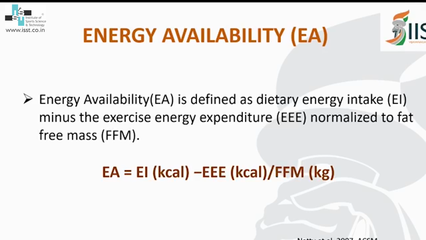So if I'm eating this many calories and I'm expending this many, the balance of the energy available is known as the energy availability. And of course it's going to be in kilocalories. So for example, if you're eating 2,500 calories and expending 2,000 calories, 500 calories would be your energy availability.